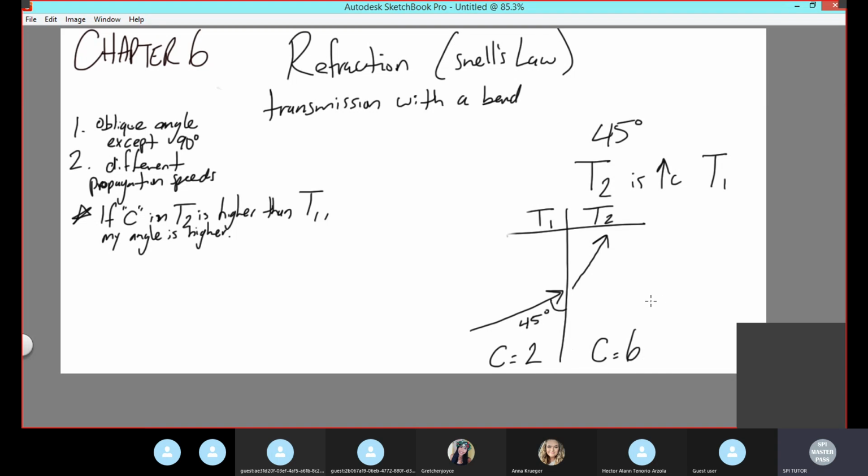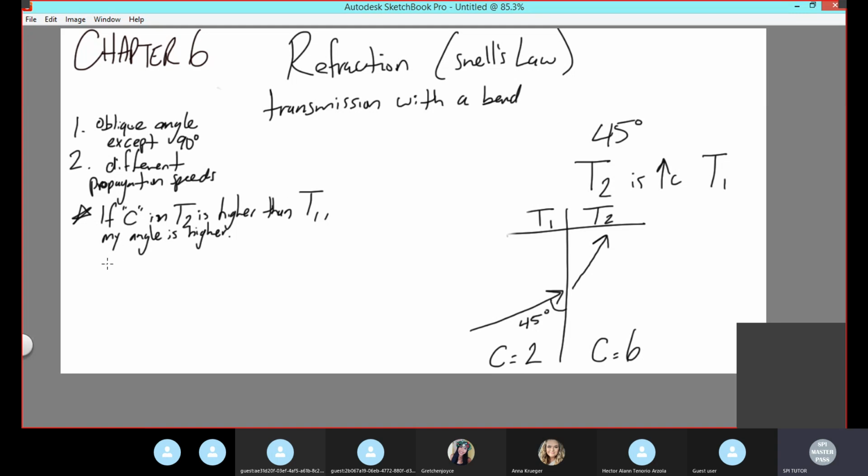But can't we also say tissue 1 is lower than tissue 2? Isn't it the same thing? This is higher than this, which means that this is lower than this. It's just the same way of saying, you know, potato, potato, right?